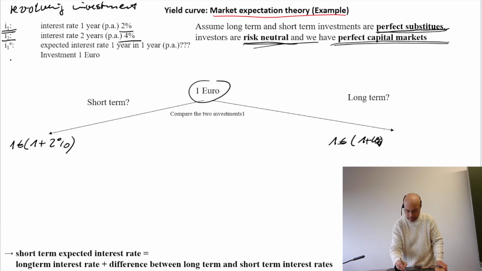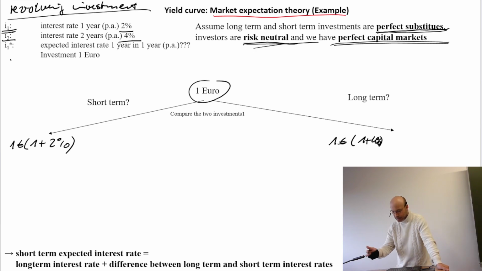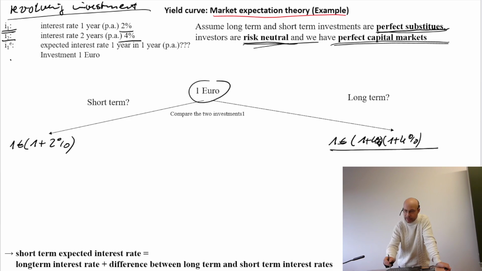And now revolving investment. So in the second year, (1 plus 4%) additionally multiplied. Okay, now we look at it. Then, of course, this number will be larger than this one. Is it now better to invest in the longer term? This number is larger.